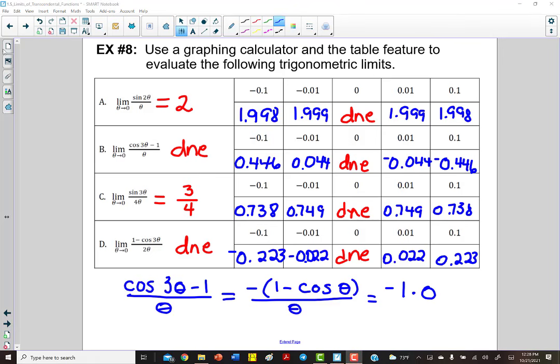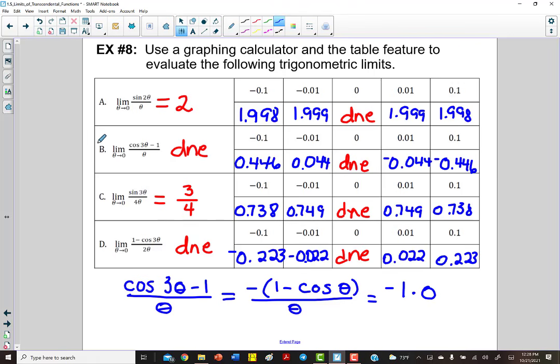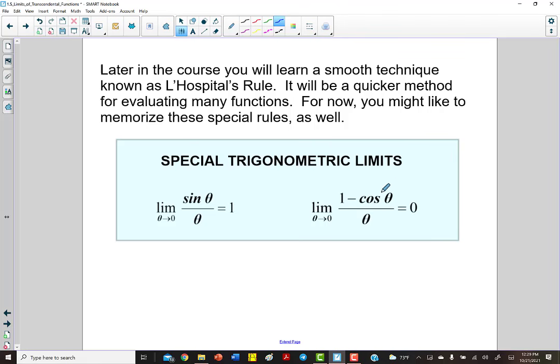But then you've got to consider the two properties we just looked at, so this is where the analyze part comes in, starting off with this rule right here. If I take letter B and rewrite the argument cosine 3 theta minus 1 as the opposite of 1 minus cosine 3 theta, then you can tell this is similar to the rule right here, only I have an argument of 3.